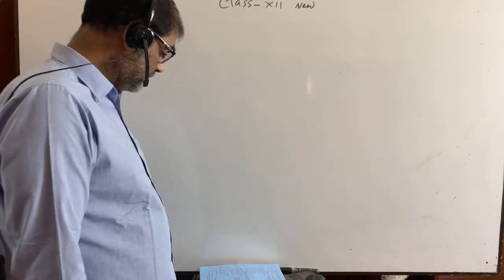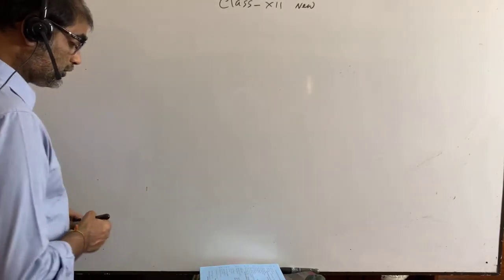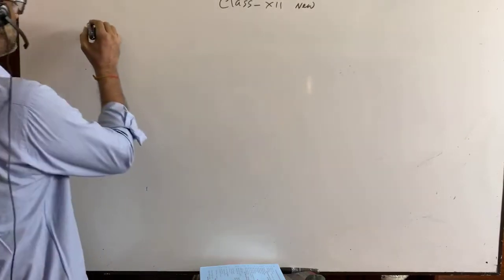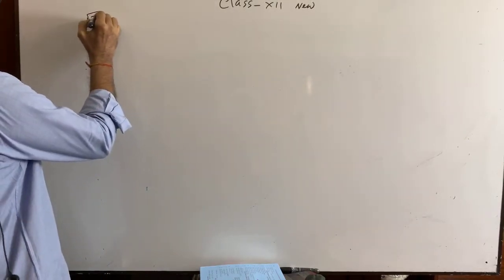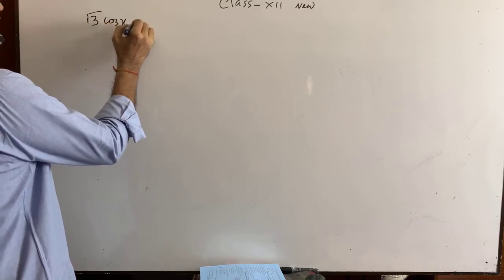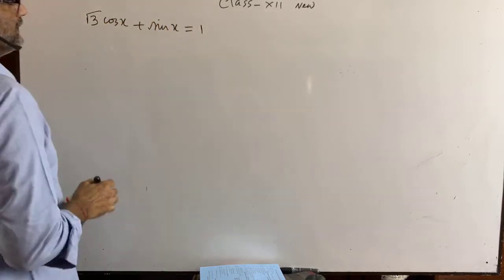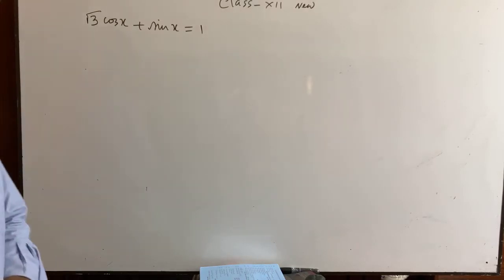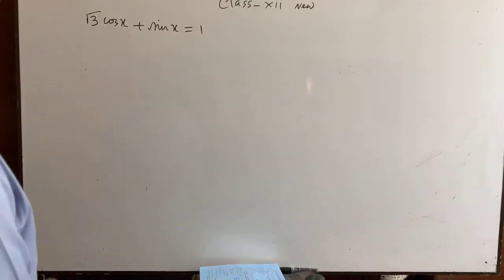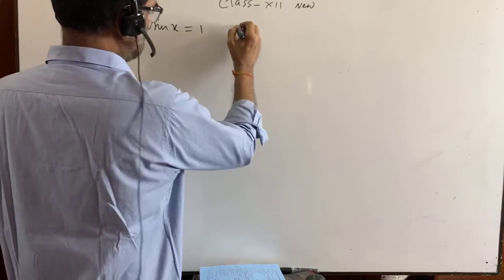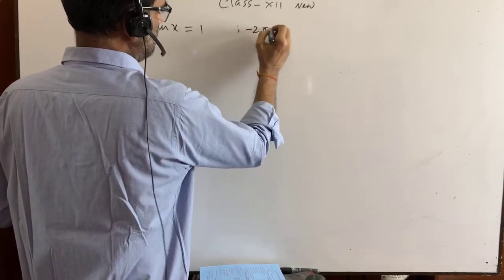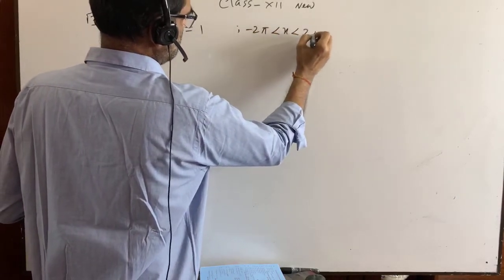Now you are given a math, suppose root 3 cos x plus sin x equals 1. You see, root 3 cos x plus sin x is equal to 1. This type of math is always given in the examination, where the limit is given as minus 2 pi less than x less than 2 pi.